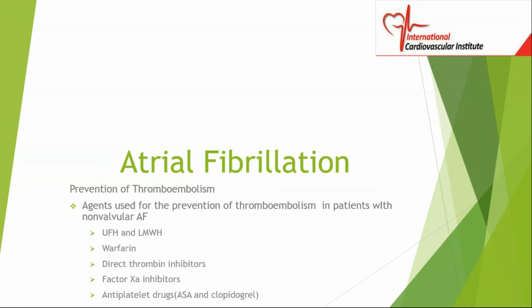So the agents that we can use to prevent thromboembolism in patients with non-valvular atrial fibrillation are unfractionated heparin, low molecular weight heparin, the warfarins, the direct thrombin inhibitors, and we have only one direct thrombin inhibitor, which is Pradaxa or dabigatran, and the factor Xa inhibitors.